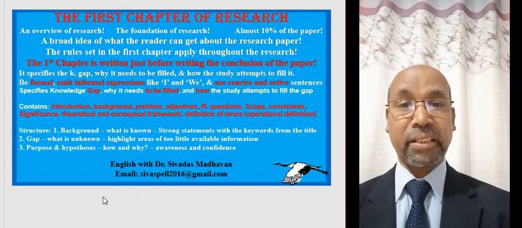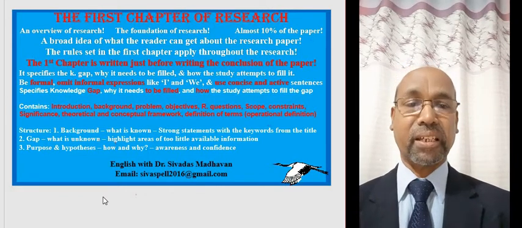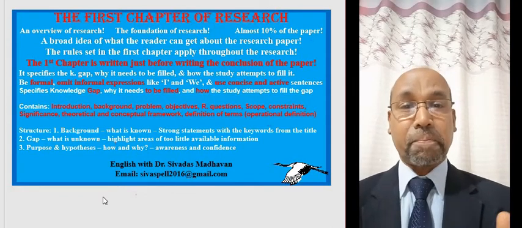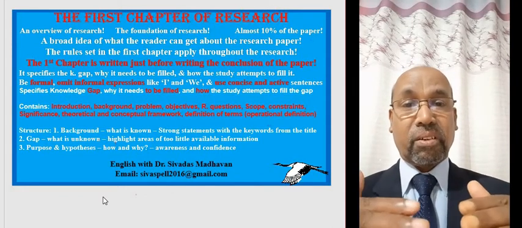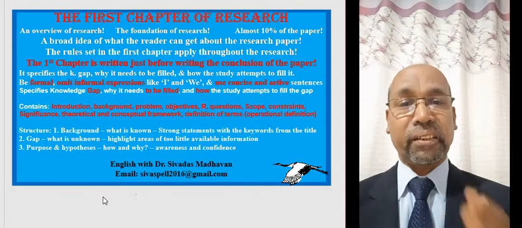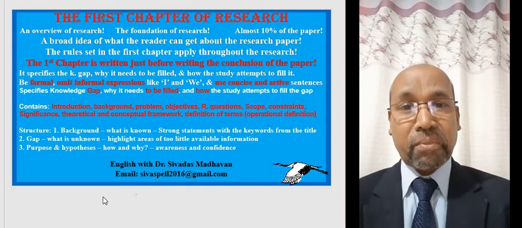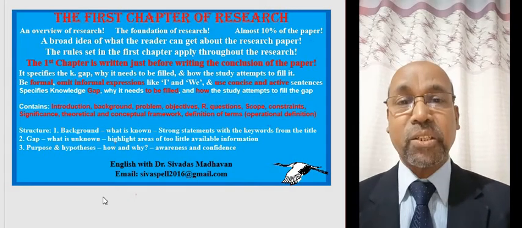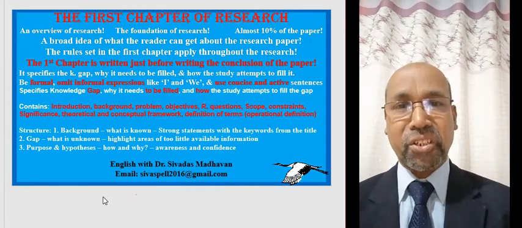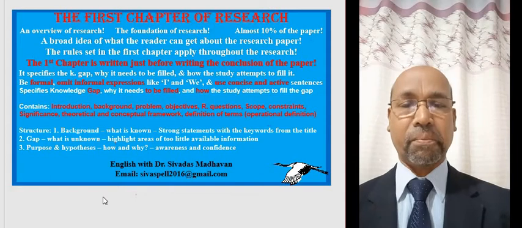That will be in the background of the study. And next comes the statement of the problem. That is the problem which the researcher begins with, or which the researcher explores in the study.